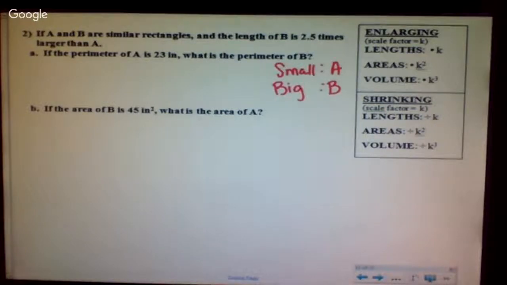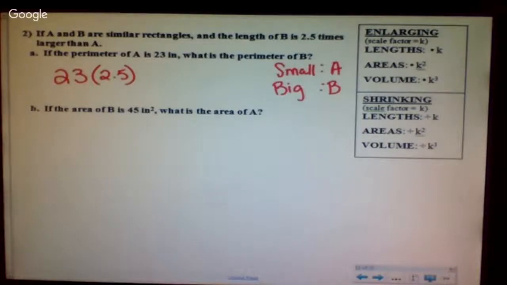So, they give us A and they want us to find B. If I'm going A to B, am I enlarging or shrinking? Enlarging. I'm going from small to big, so I need to multiply. We start with 23. What am I multiplying by? 2.5. That's my scale factor. Do I need to square this or cube this?